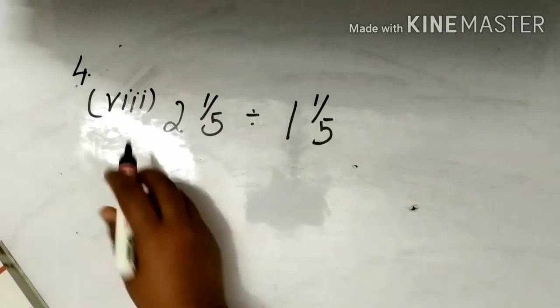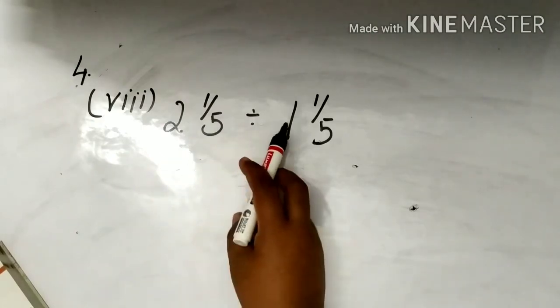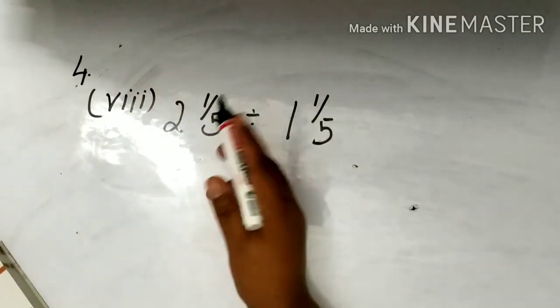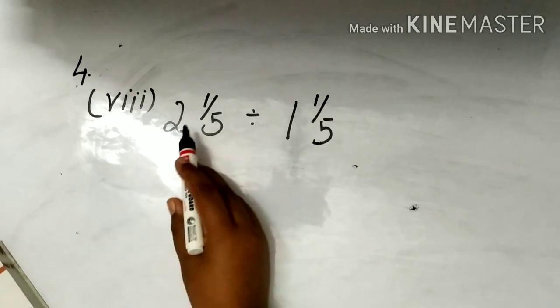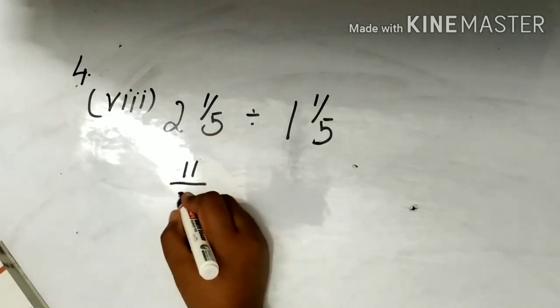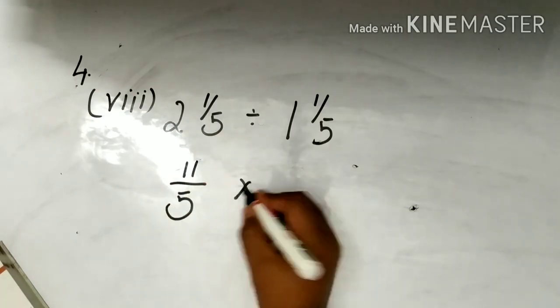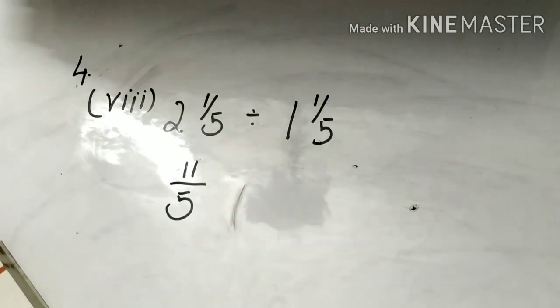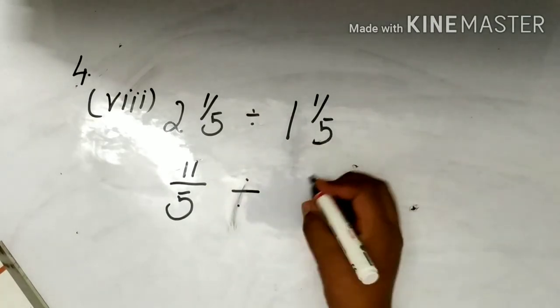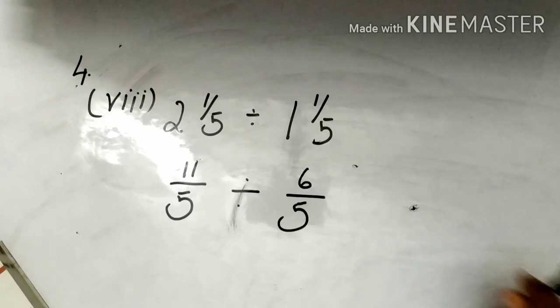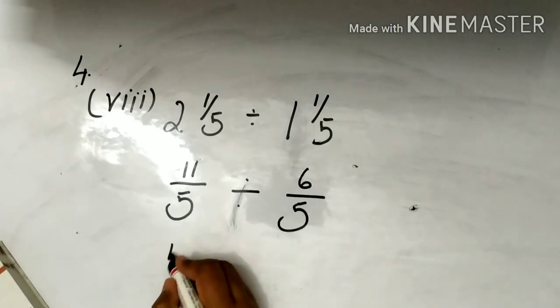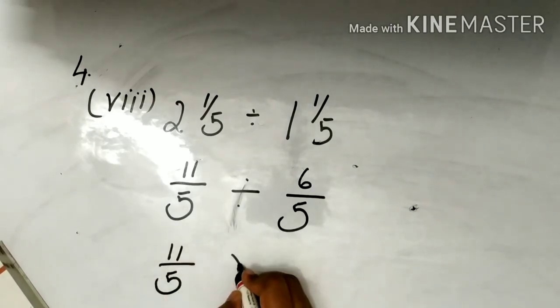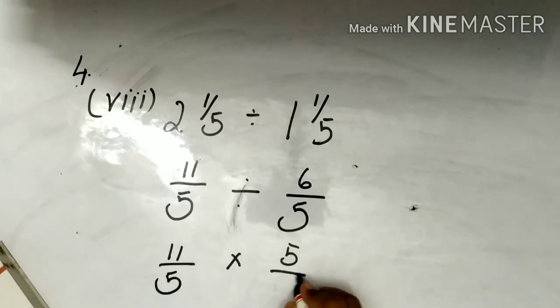So fourth question, next part says 2 1 by 5 divided by 1 1 by 5. Firstly, convert each mixed fraction. So that is 11 by 5 divided by 6 by 5, right? Then doing the inverse and the reciprocal.